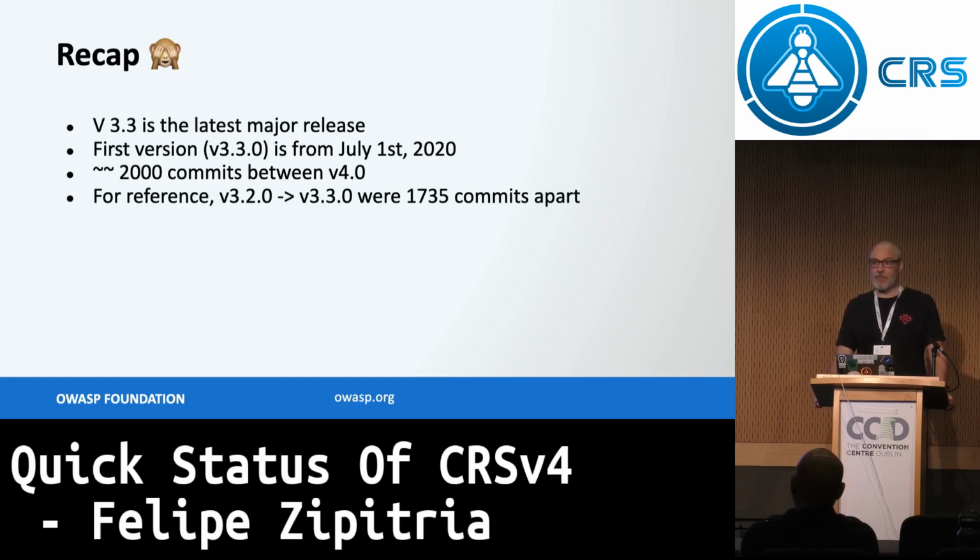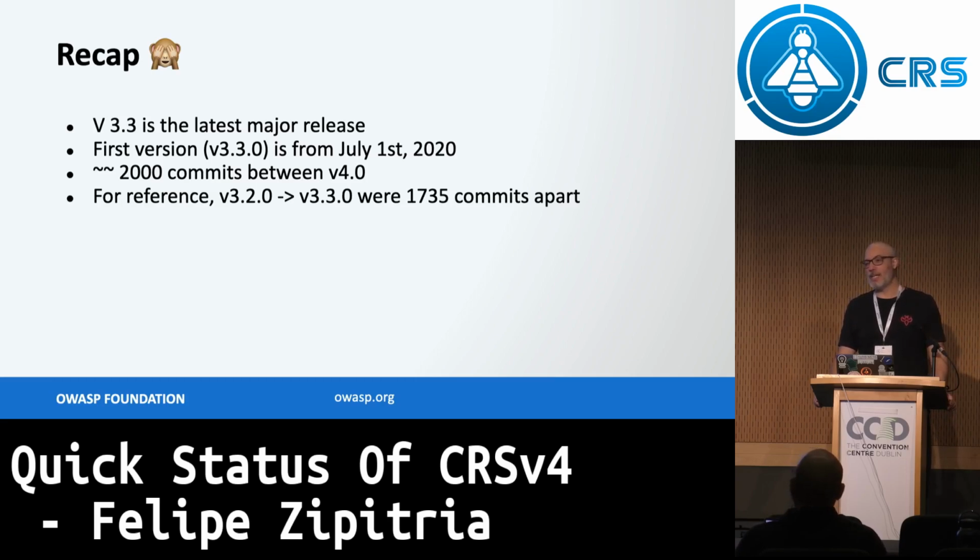So a quick recap on this. We have basically v3.3 as the latest major release. I will not say weird, but I would like to have more semver versioning, like semantic versioning, with the classic numbering. But some time ago, we decided that we are doing the major, minor, and patch versions in a different way.